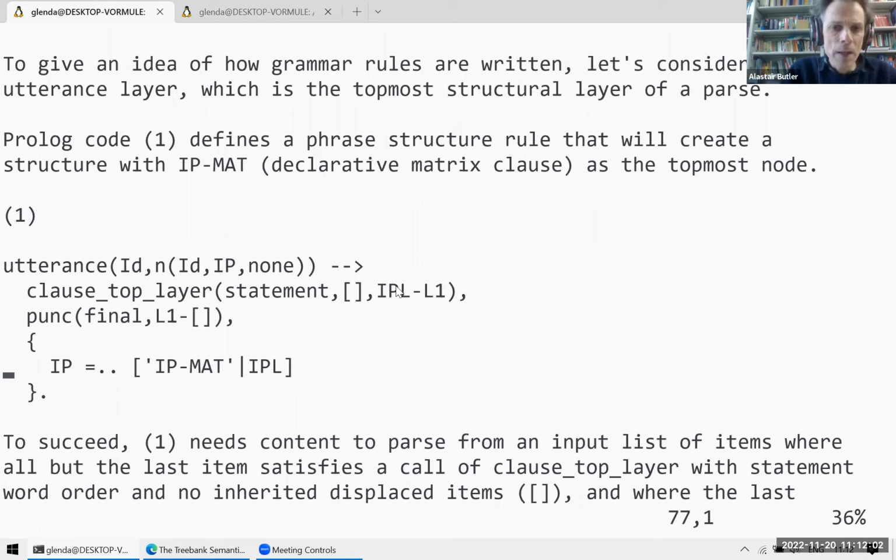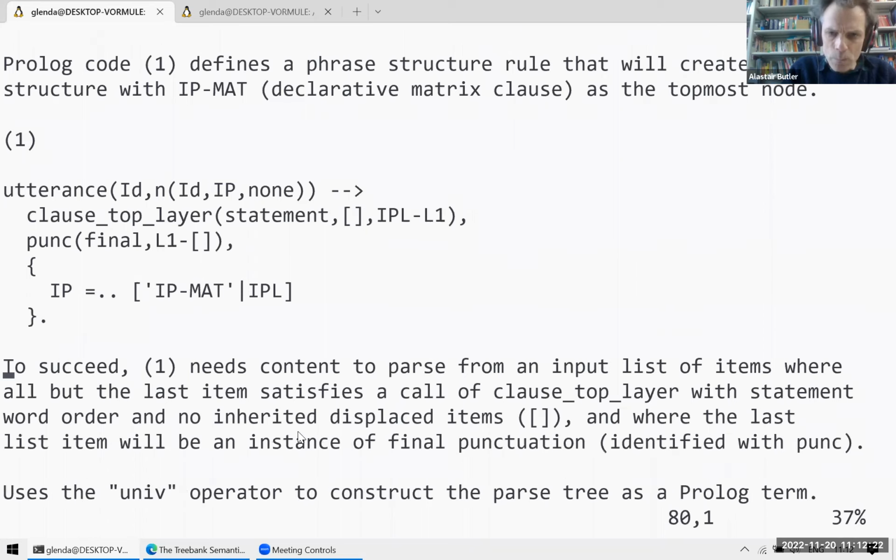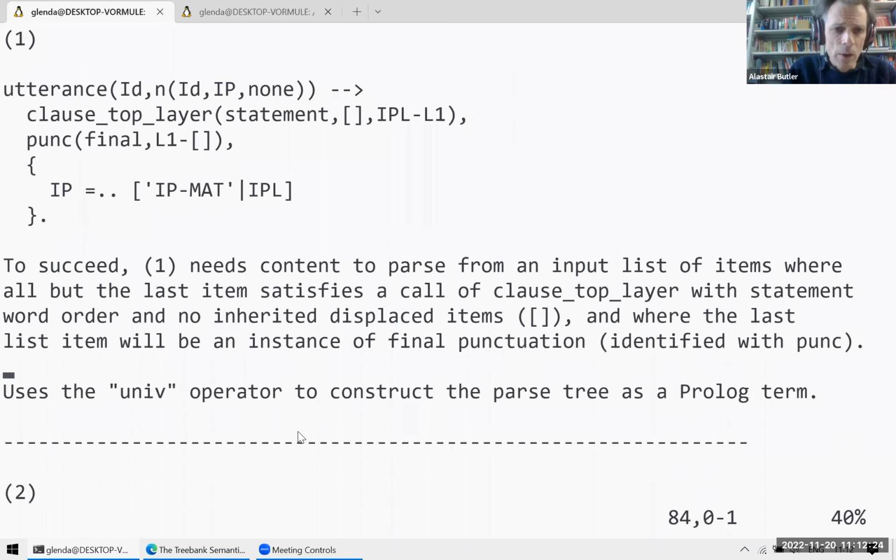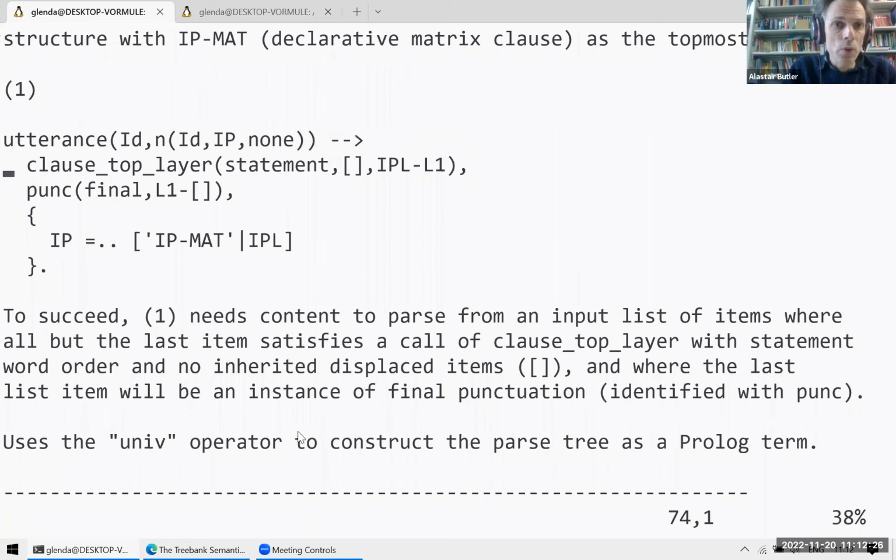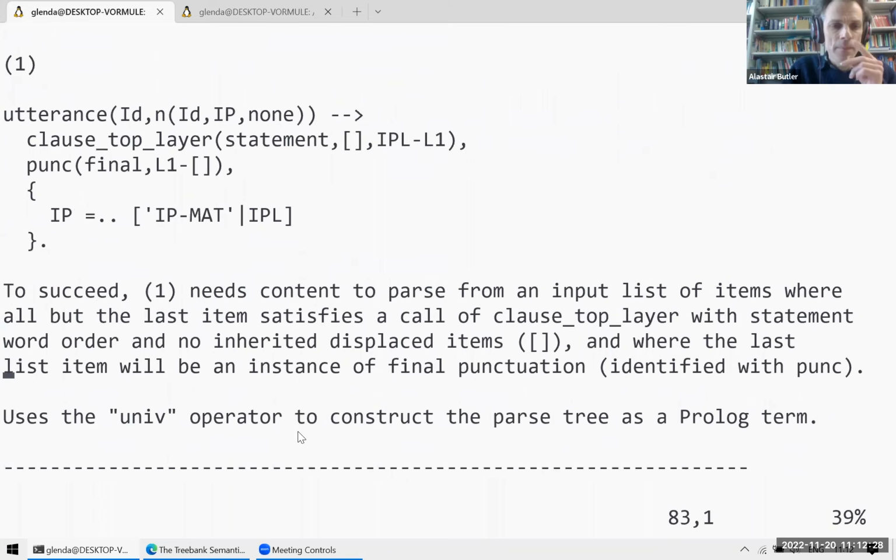And then the information gathered from parsing these components is integrated together, and a Prolog term is used to create the actual parse result with the univ operator from Prolog. That's really how all of the rules are written.